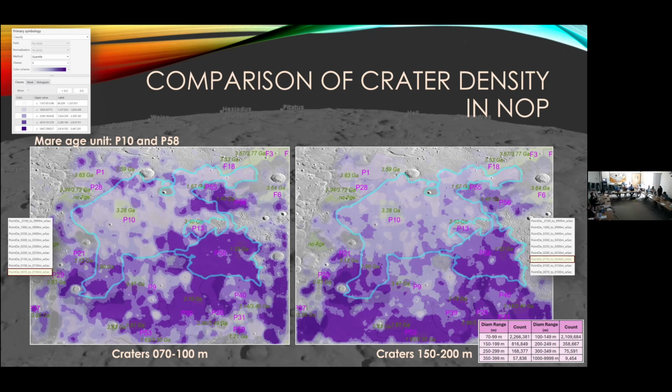What I want you to notice is if we look at P10 on the left side, this is craters 70 to 100 meters. It's rather sparse. Of course, the darker purple is higher density of craters. Now, if we look down to the lower right on that same left slide, we see that P58 is quite dense, with craters 70 to 100 meters.